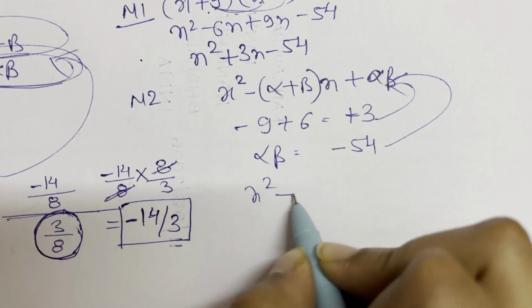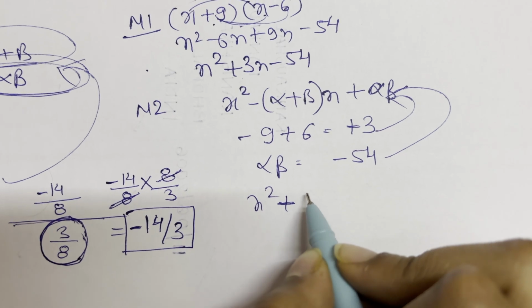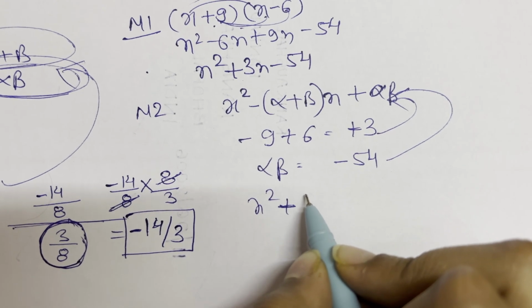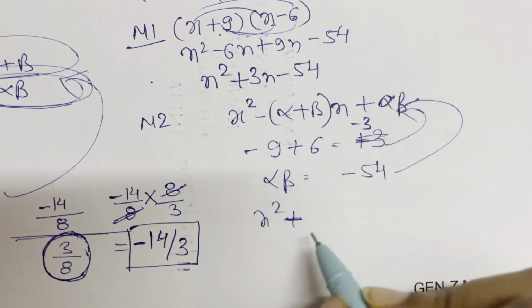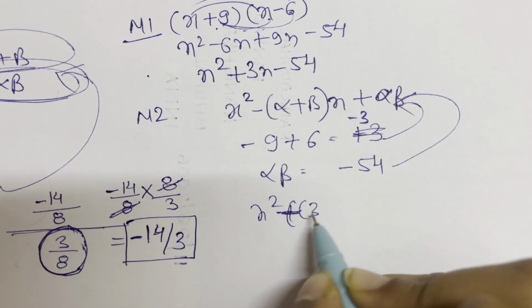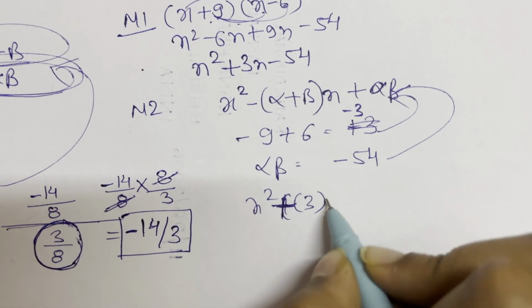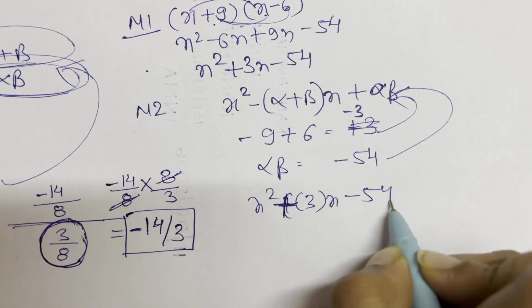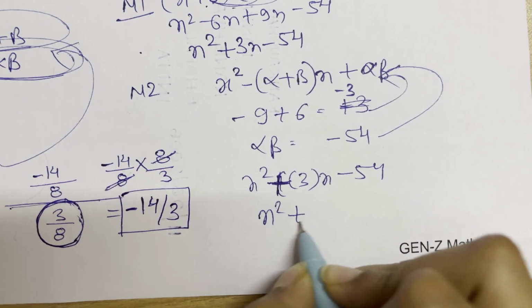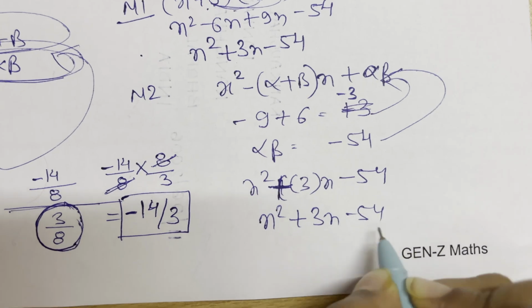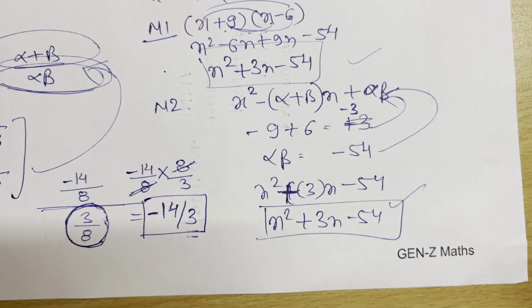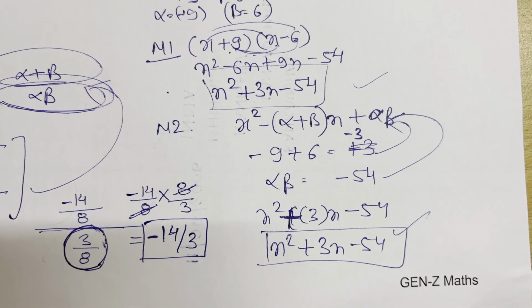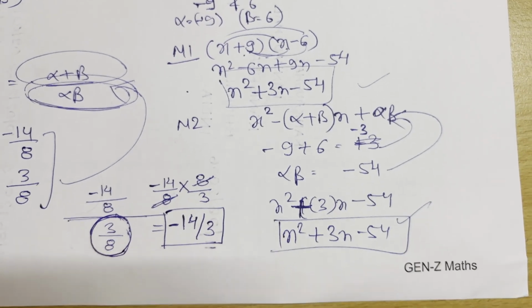We get x square minus, this value is negative, so minus multiplied with minus becomes positive, plus 3x minus 54. The final answer is x square plus 3x minus 54. So from both methods we got the same answer. You can prefer whichever method is easier for you.